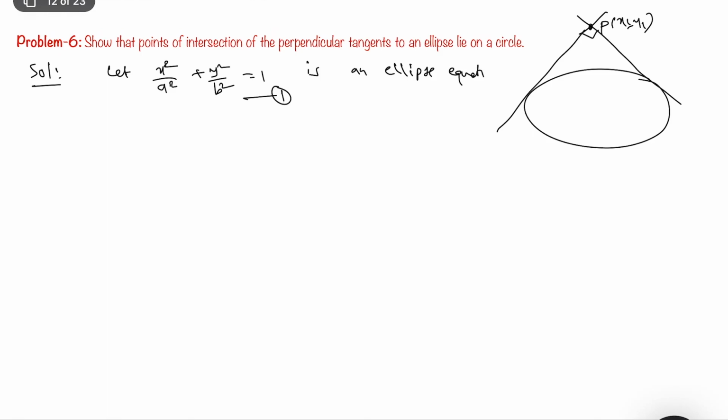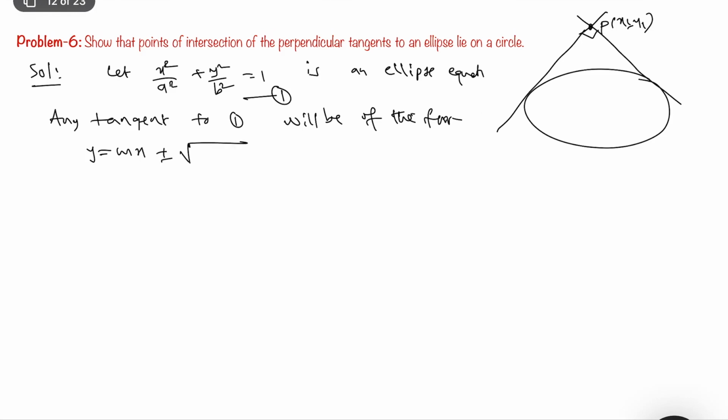We know that any tangent to this ellipse 1 will be of the slope intercept form y equal to mx plus or minus under root a square m square plus b square. Let me call it 2.